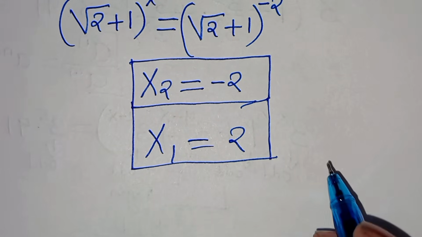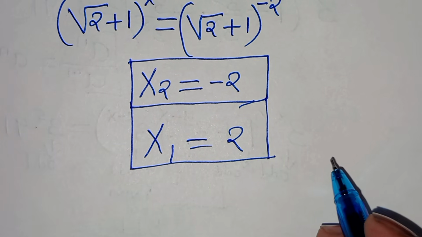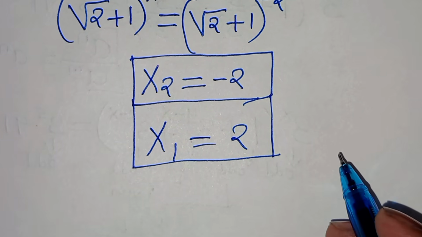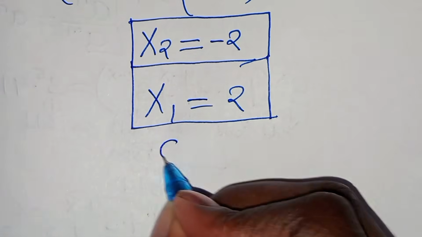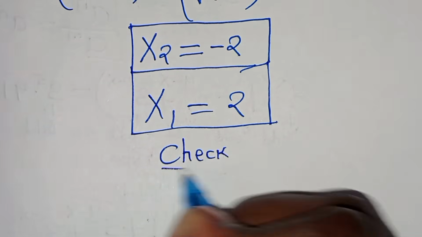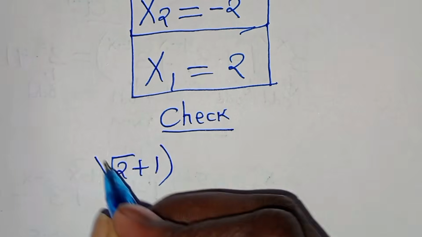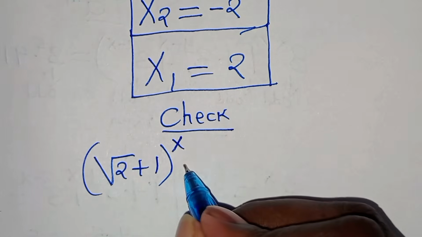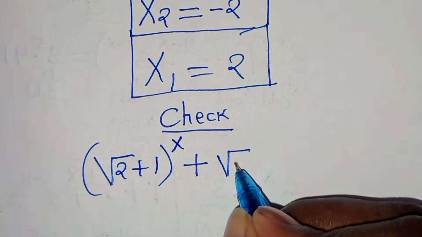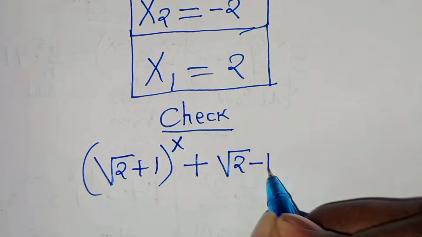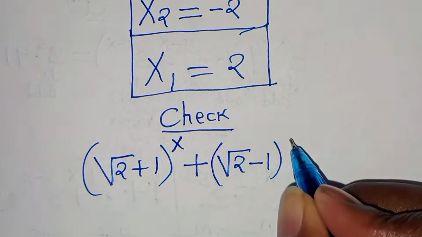Now, if you recall, let's check here. We have square root of 2 plus 1 raised to the power of x, plus square root of 2 minus 1 raised to the power of x.